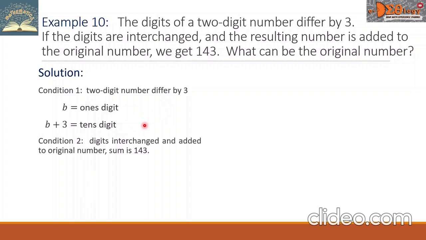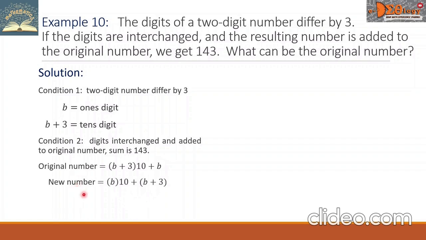And condition 2 says, when digits are interchanged and added to the original number, the sum is 143. First, let us show the original number. b plus 3 is the tens digit multiplied by 10 to denote tens place, plus the ones digit b.